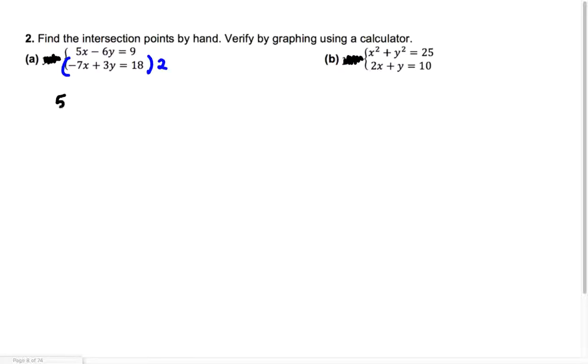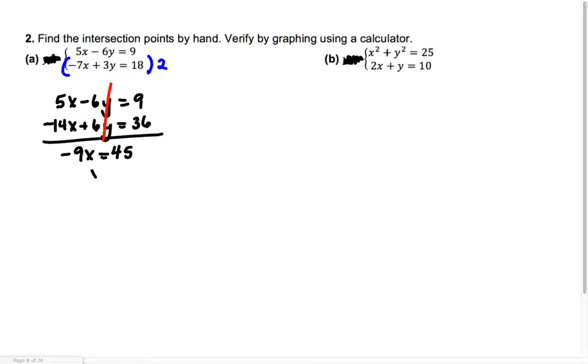So when we do, we get the 5x minus 6y equals 9 still. And the bottom one becomes negative 14x plus 6y equals 36. So when we add straight down, negative 6y and 6y goes away. They cancel each other out. So I get negative 9x equals 45.